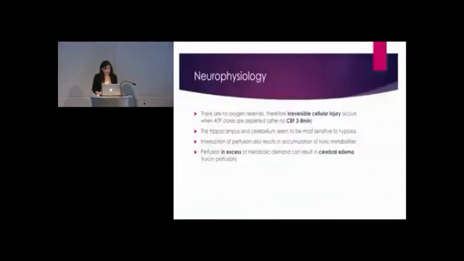And this occurs after cessation of blood flow of only 3 to 8 minutes, and we presume that that's in a normothermic brain. We should also keep in mind, on the other hand, that hyperperfusion or luxury perfusion can result in cerebral edema, and this can also be deleterious.